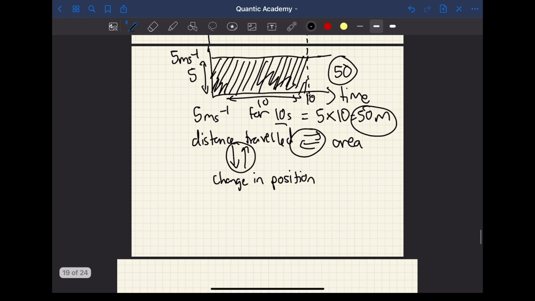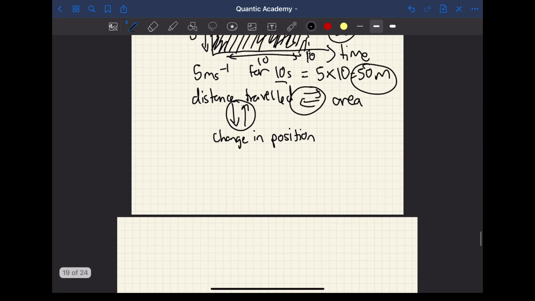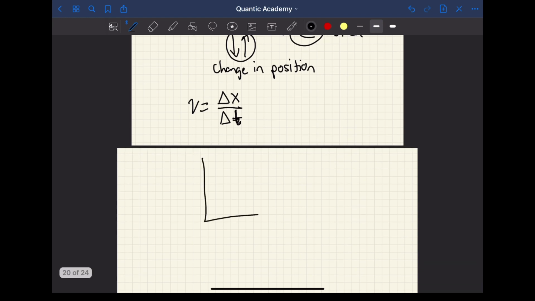Now, what do we know about velocity? We know velocity is change in position, I'm going to use x for position, over change in time. So if I have a position-time graph, and it looks something like this, for example, then the velocity is change in x over change in t.